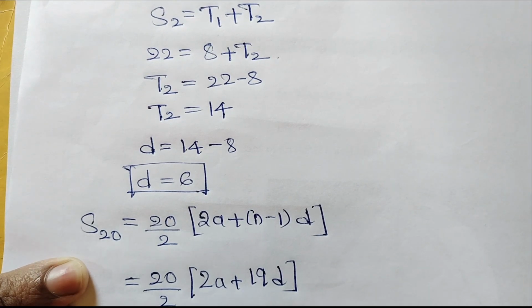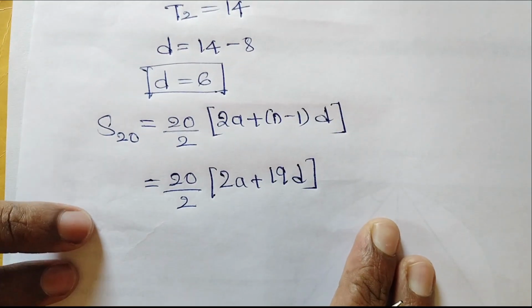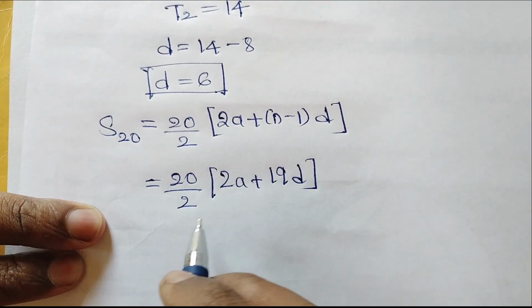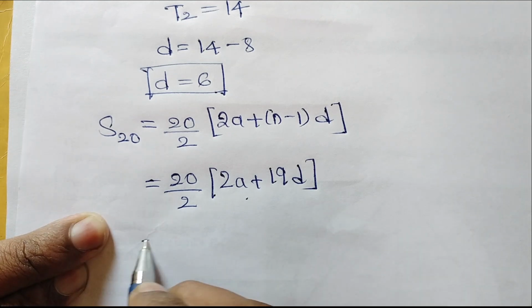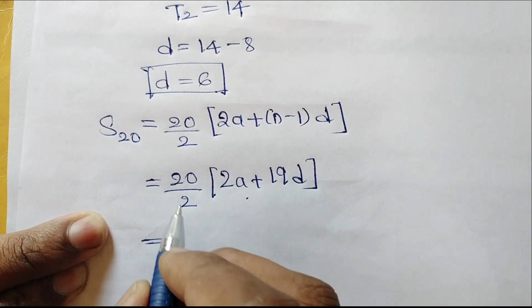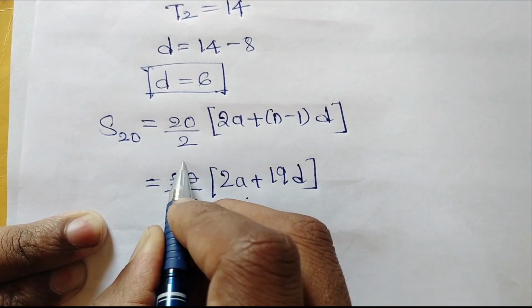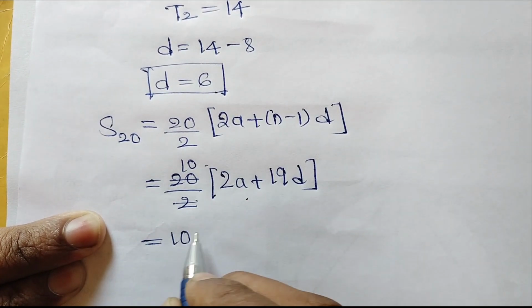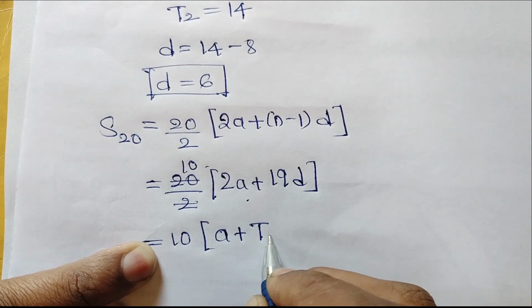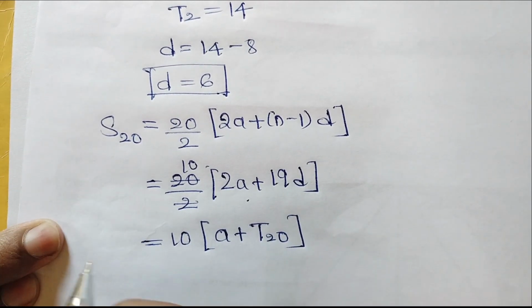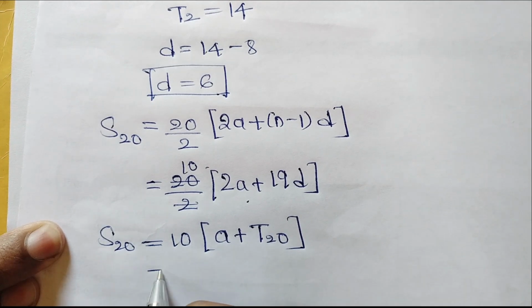Here we can find it this way also, and as we know a and d, there is a shortcut also: that is 10 times (a plus t20). So like this also we can find.